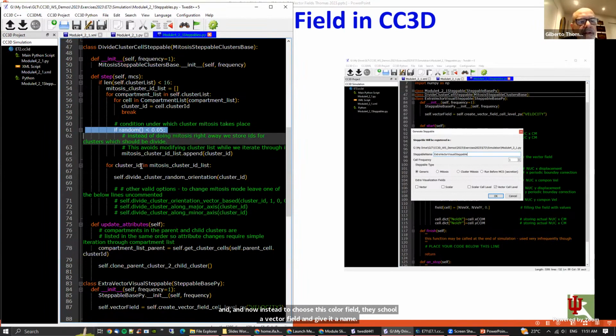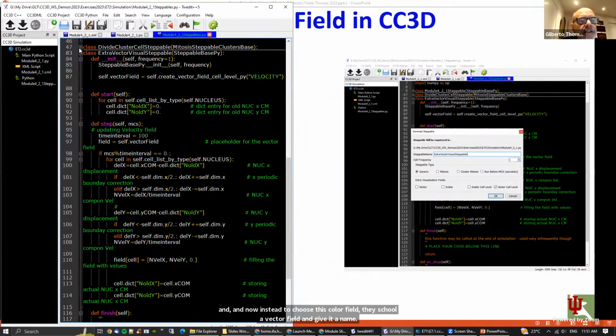The choice is the extra vector visual steppable. Remember, we are going to map velocity, and to have velocity I have to calculate velocity for each cell. So we are going to proceed in that way.